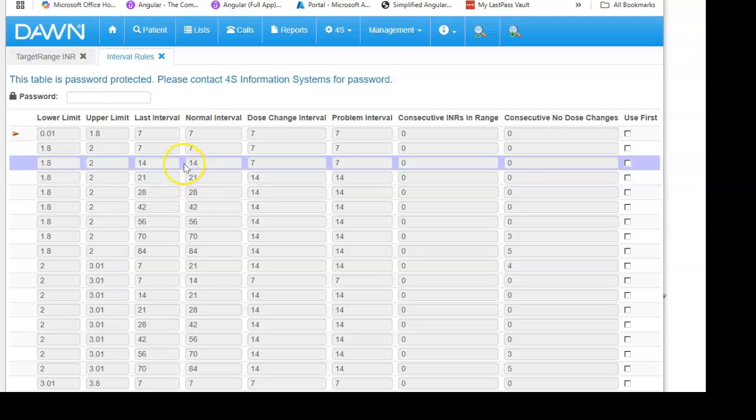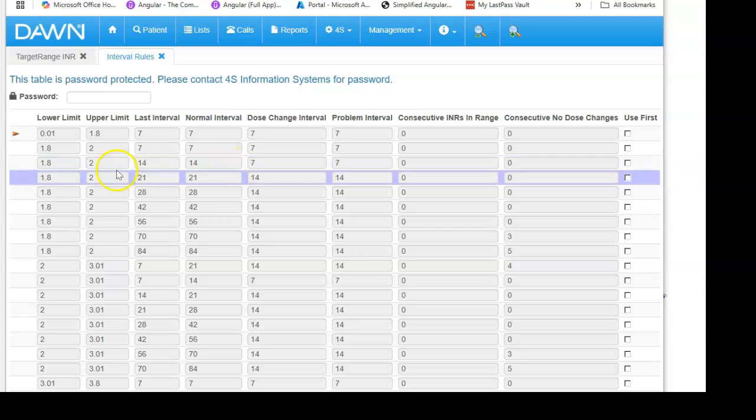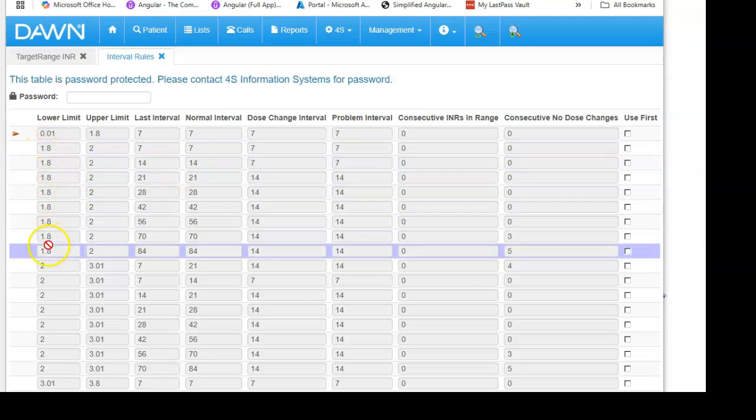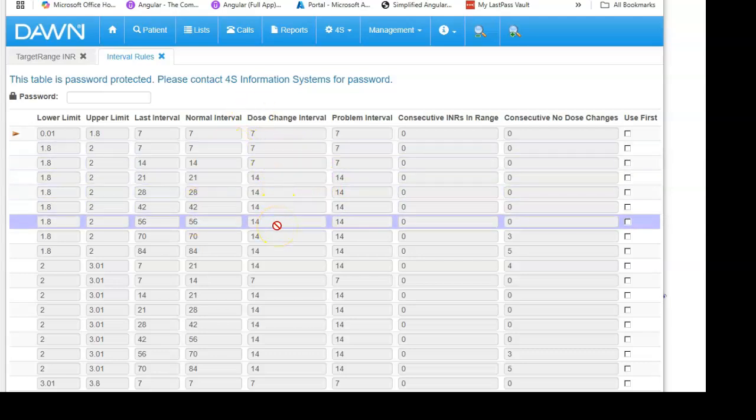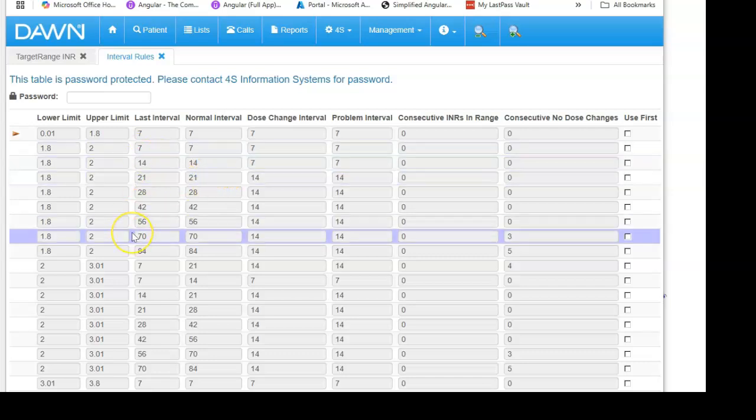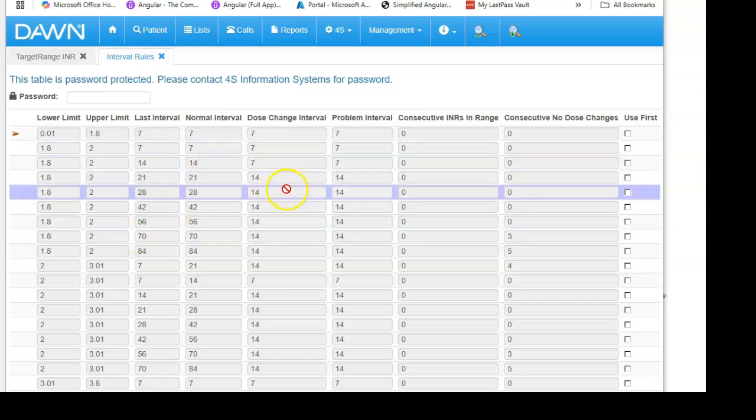We thought, although scientifically this makes sense, it would be good to err on the side of caution and test the patient again sooner, just to check there's no trend or nothing else going on there. So on our latest standard settings, for this sort of within one standard deviation but still out of range, and we have the same on the high side, the normal interval now resembles the dose change interval rather than resembling the last interval. So we cut them back to 7 or 14.